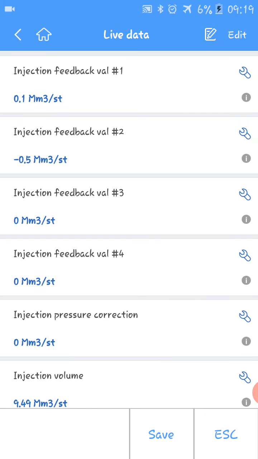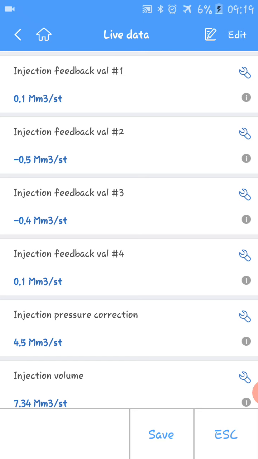Okay, the engine is on, it's running, and already you can see the values. Cylinder number 1 is 0.1 cubic meter per stroke. Cylinder number 2 is negative 0.5. Number 3 is at negative 0.4. And injector number 4 is at 0.1.